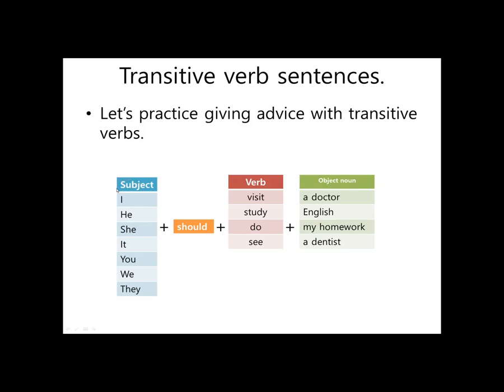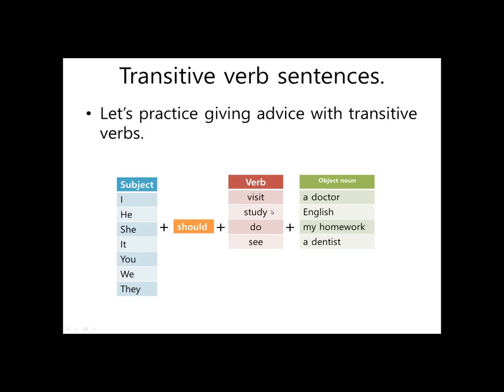We have our subject here, who or what we are talking about. Then we put should between the subject and the verb. Then we have our transitive verb, our action word.